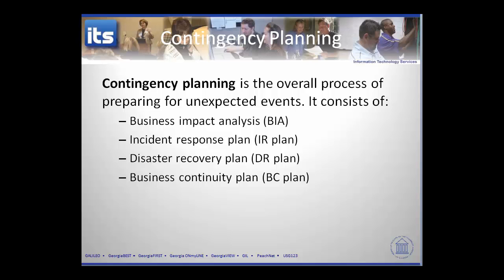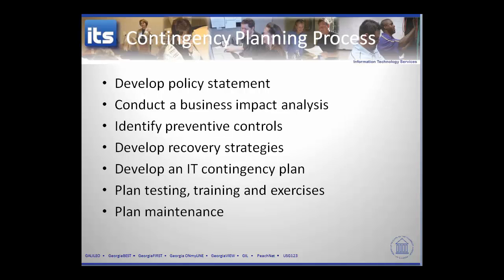From that, you move into disaster recovery, and from that, you move into business continuity. Why? Because the chances of an incident occurring are much higher than the need to invoke a business continuity plan. In most cases. So it's not always true, but in most cases, you're going to start at the top and work down as you go through this. Let's look now at the process by which you do contingency planning.